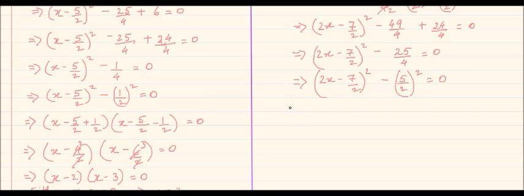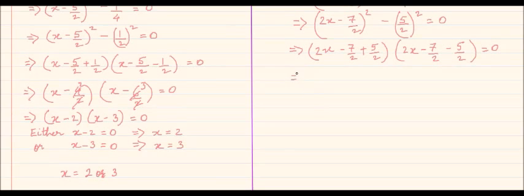So we apply that identity over here. For a, we write 2x − 7/2 plus 5/2, because the first is a + b, and the second is a − b. So it is 2x − 7/2 minus 5/2 is equal to 0. Okay.